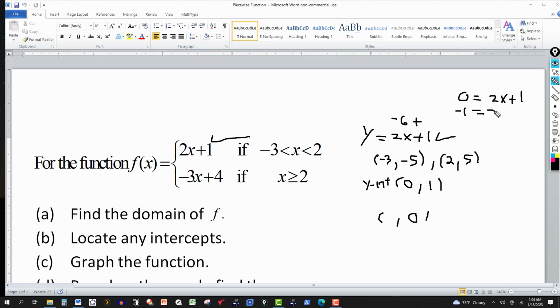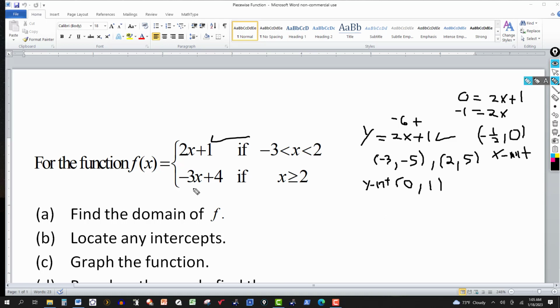We get 2x equals negative 1, divided by 2, so x equals negative 1/2. So (negative 1/2, 0) is the x-intercept. So for the first section, which involves the line y equals 2x plus 1, we have a y-intercept and an x-intercept.